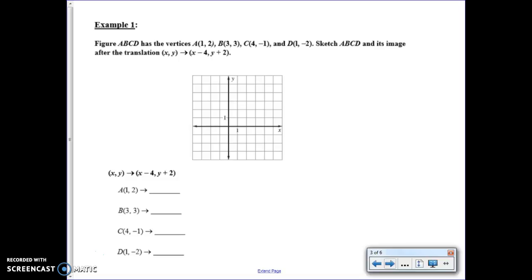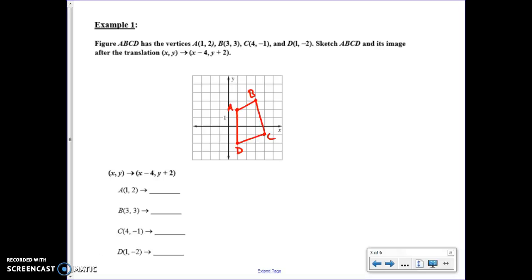To illustrate this, it says figure ABCD has the vertices, and all of those are listed out. I'm going to go ahead and plot those. Over 1 up 2 is A, over 3 and up 3 is B, over 4 and down 1 is C, and over 1 and down 2 is D. I'm going to draw the lines to connect all of those.